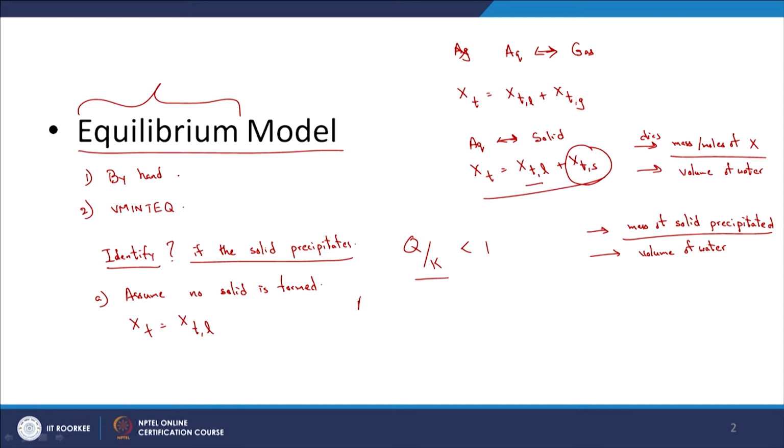For example, for the case of Al3+, I am assuming that no solid is formed, as in Al(OH)3 solid is not formed. So I am just going to solve for it.